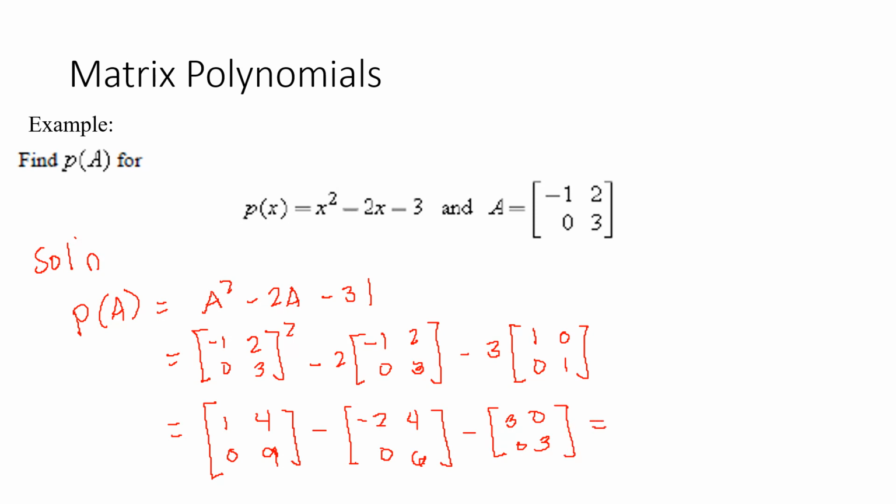In this case, the result is 0, 0, 0, 0. So in other words, the polynomial of matrix A is equal to 0.